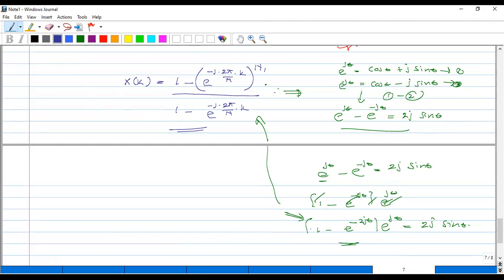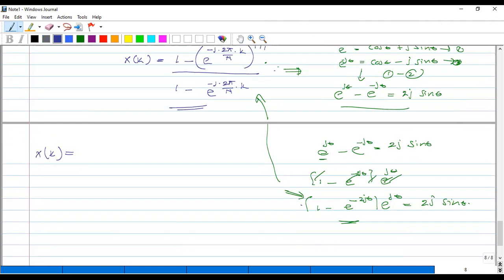So if I apply this result to this one, I have Xk here. So you can see that 1 minus e to the 2j theta is equal to 2j sine theta divided by e to the j theta.